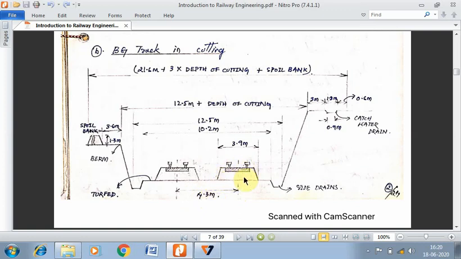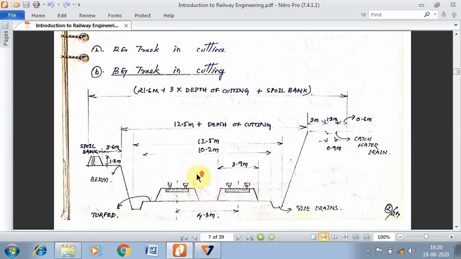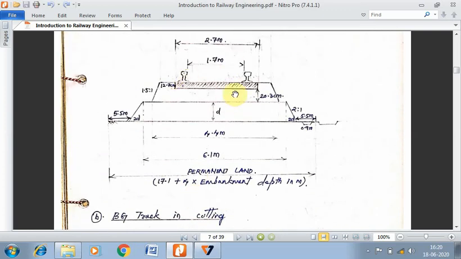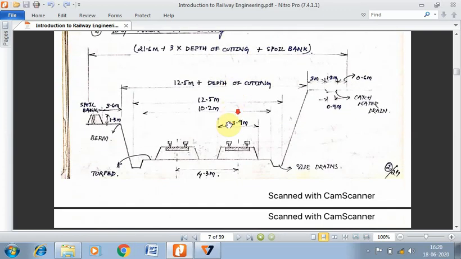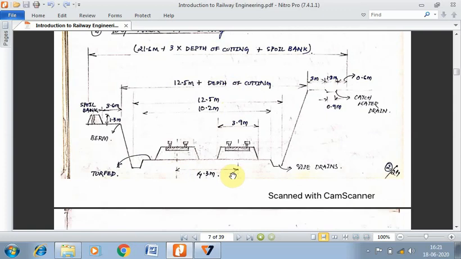You need to show the dimensions of all these components as well, like how it was shown in the previous diagram, okay? So the center to center spacing is 4.3 meters, and this finished surface is what is expected to be turfed, right? The turfing needs to be done, and on both sides you will be having the side drains like this, okay?